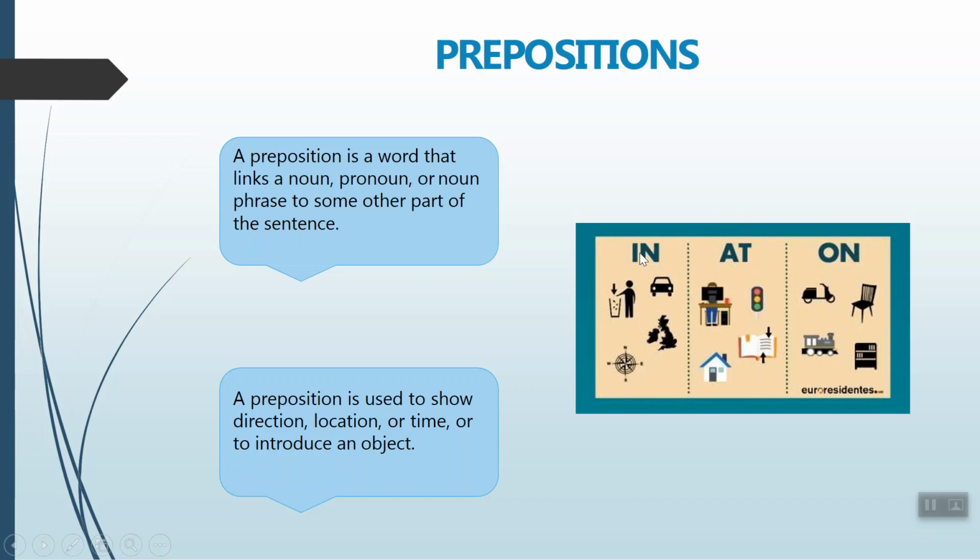You can see in plus a noun or pronoun, for example in the car, at a traffic light, at home, on the chair. These are simple examples. We are going to talk about them in some detail.